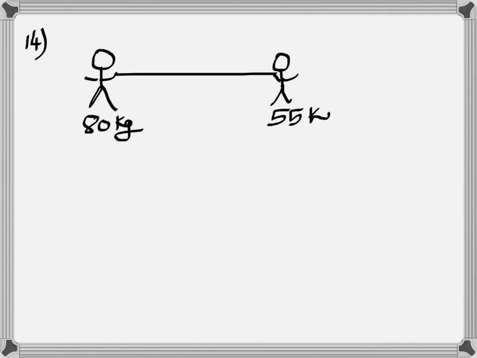In question 14, the man and the woman, 10 meter apart. Man 80 kilograms and the woman 55. So let's say the center of mass is x meters from the man. So it should be 10 minus x from the woman.